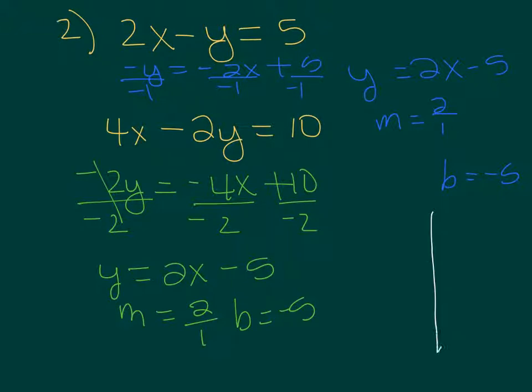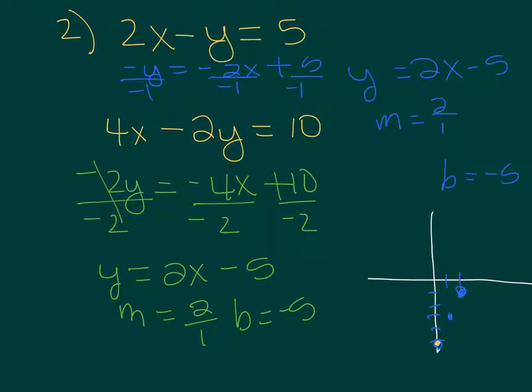So when I graph this problem for the first equation, I'm going to go down to -5, and then I'm going to go up 2, right 1, up 2, right 1. There's my equation, or my line. And the second one, I would do the exact same thing.